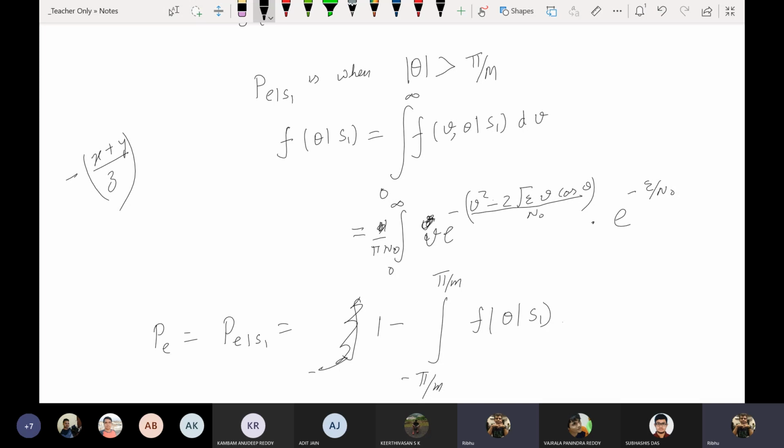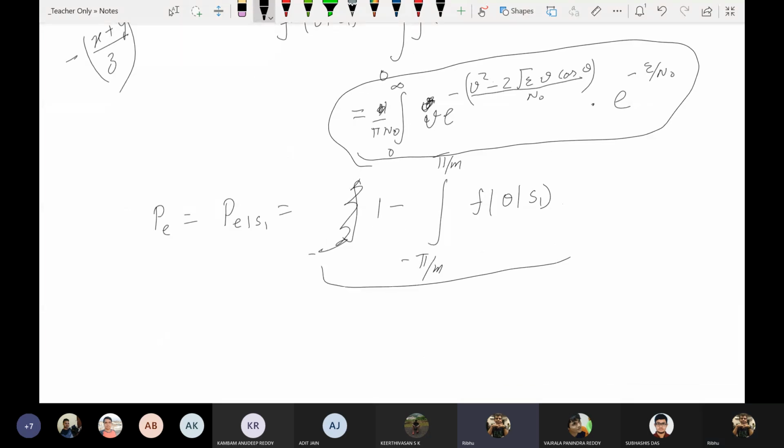So this becomes a double integral. The first one I can still look up in the table of integrals, and since this integral has fixed limits I can still evaluate it, but the lower one we have to evaluate numerically.